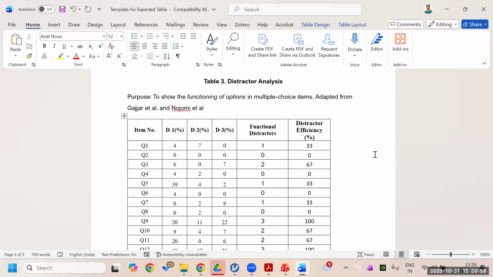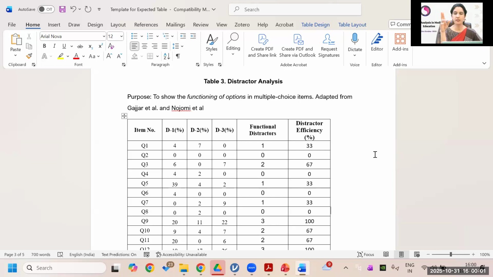Which one is D2? So see, there are two things. For your manuscript or for your own question bank, it is not needed that you write B, C, and D. For any publication, it doesn't matter; you just write D1, D2, D3.